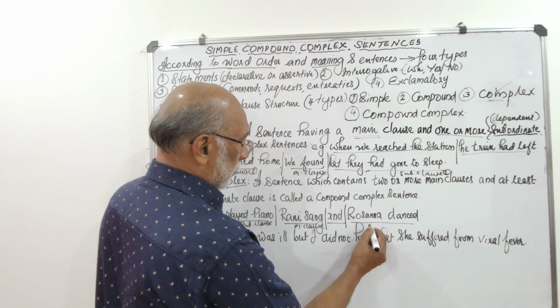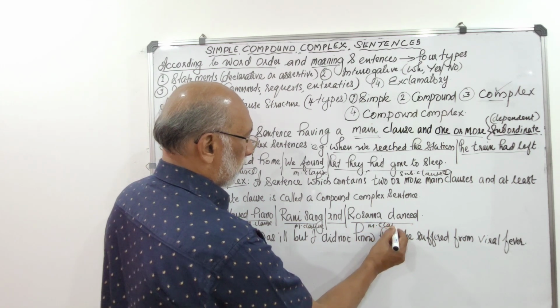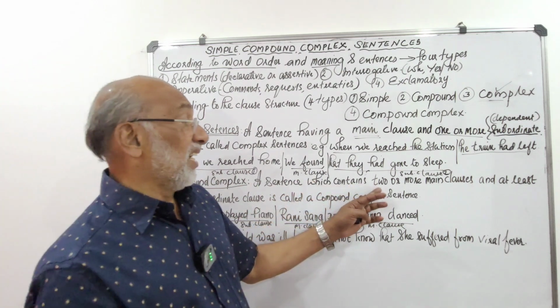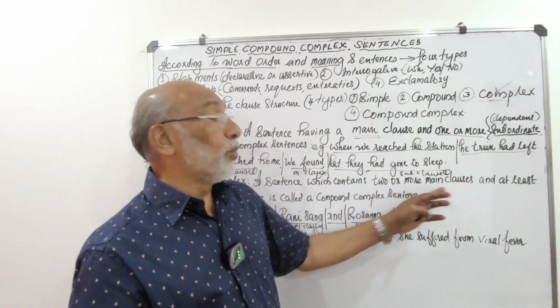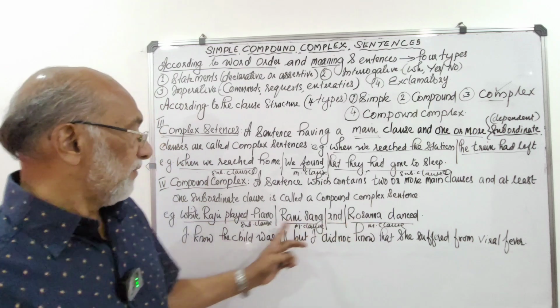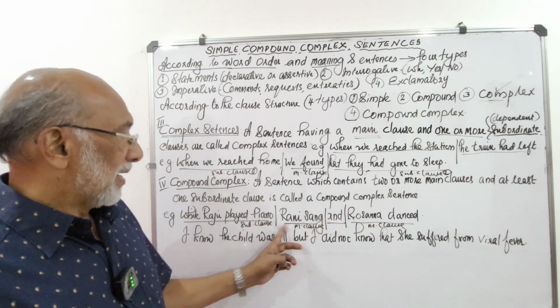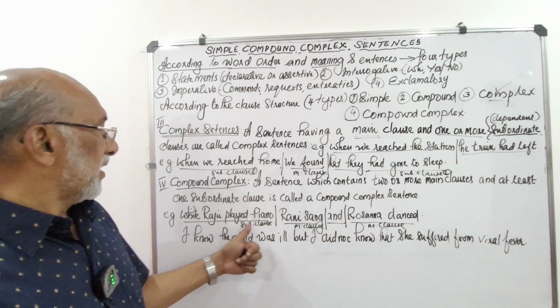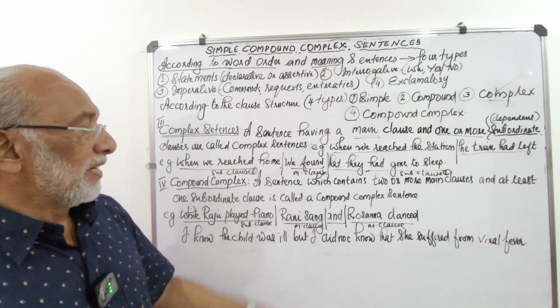The second main clause is here. What did we say? A sentence which contains two or more main clauses. Here we have two main clauses. Rani sang, Rosanna danced, and while Raju played piano is a subordinate clause.